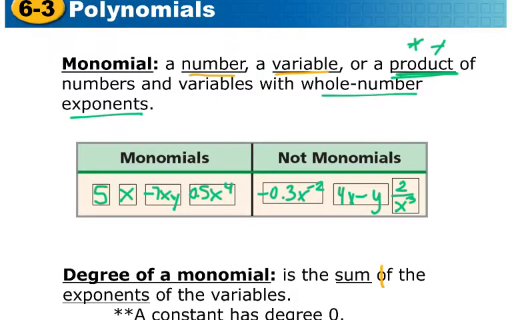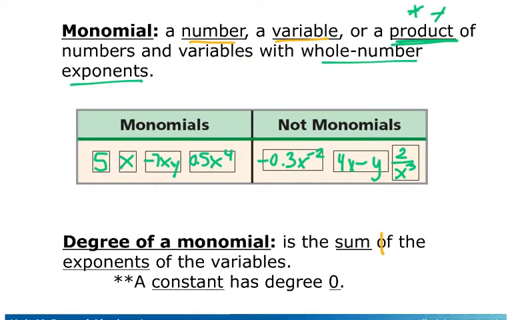Then we look for the degree of a monomial. The degree of a monomial is the sum of the exponents of the variables. So, for instance, the degree of this monomial, 4. The degree of this monomial, a 1 and a 1, so 2. The degree of this monomial, 1. And then the degree of this one is a little tricky.